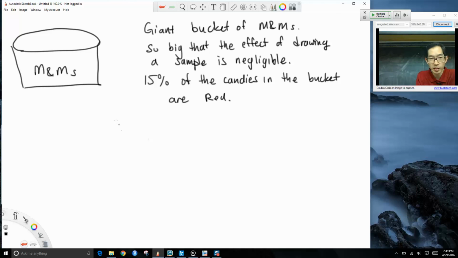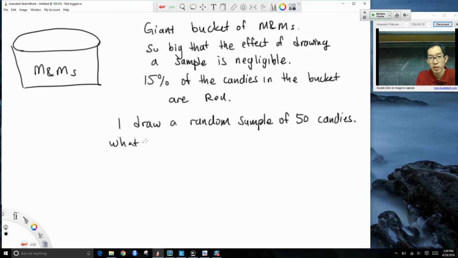I'm going to say I draw a random sample of 50 candies. And I'm going to ask, what is the probability that I get at least 6 red pieces?